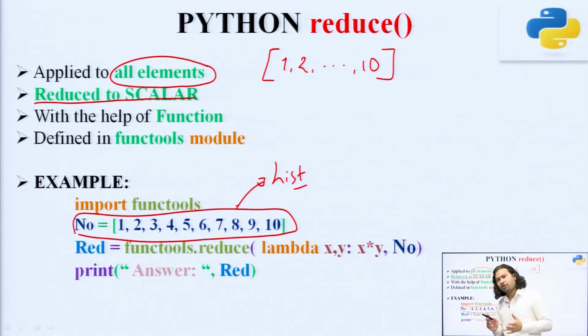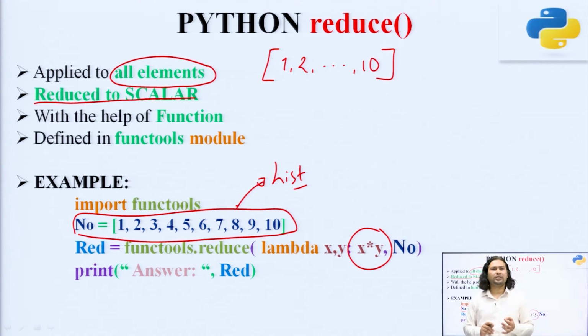The list is an iterable object which collects the 10 elements, and the 10 elements are 1 to 10. And now, we want to get the product of all 10. That means 1 multiplied with 2, 2 multiplied with 3 and up to 10. All from 1 to 10 we are going to multiply, and the answer will be given by the reduce function.